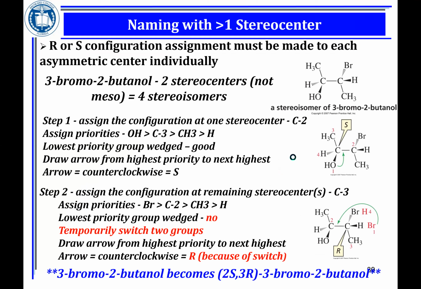So you want to first determine S and R. If you determine S and R for a compound, there is something else that you want to know. Let's say you have carbon 2 and carbon 3, both of them chiral. If you have 2R and 3S, that's compound 1. These are hypothetical. Compound 2 is 2S and 3R.